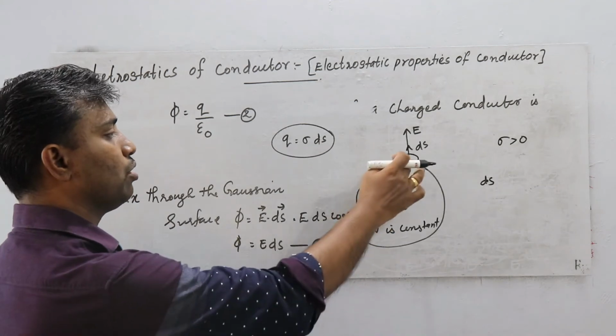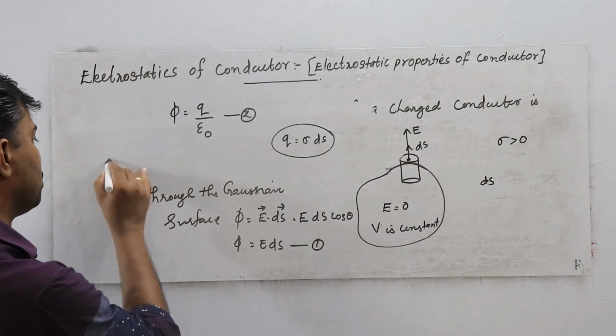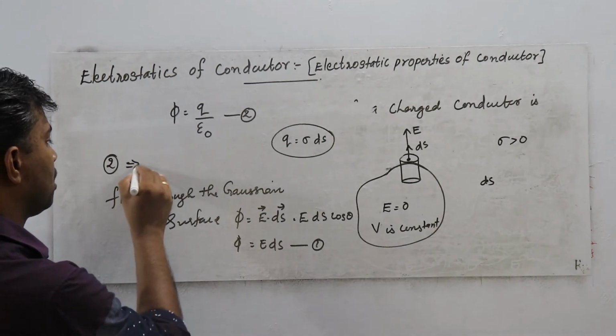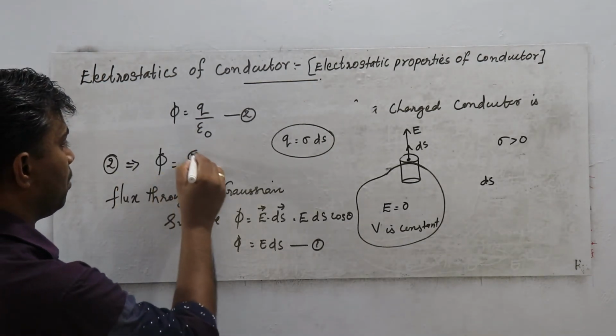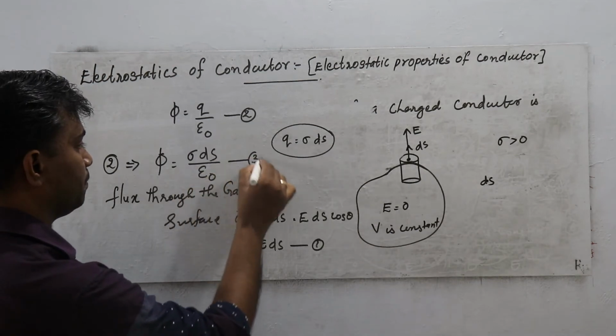So equation 2 can be written as the flux phi is equal to sigma ds by epsilon 0. That is equation number 3.